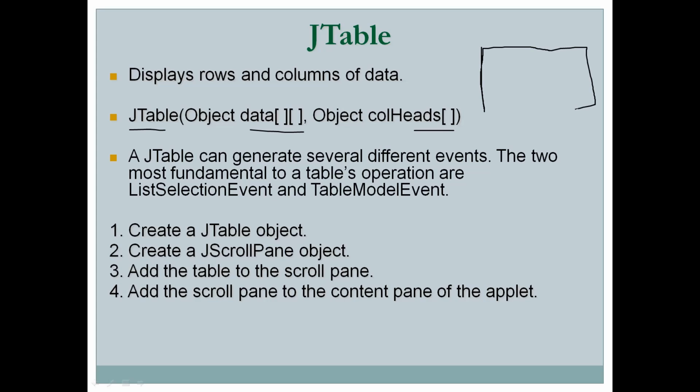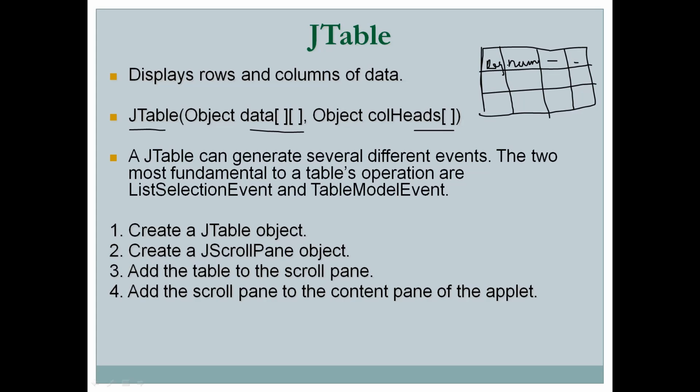A table is something like a combination of rows and columns. Whenever we want to display information in rows and columns, say this is my heading, registration number, this is name, address and phone number.